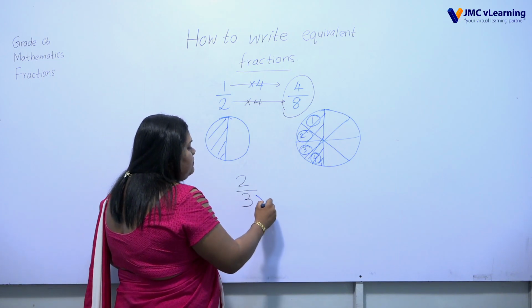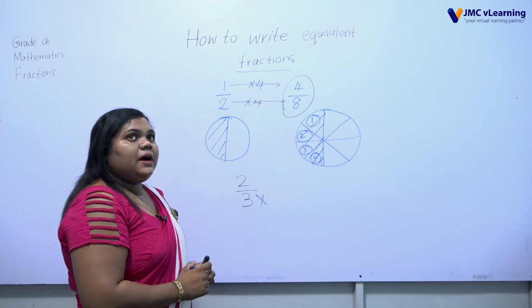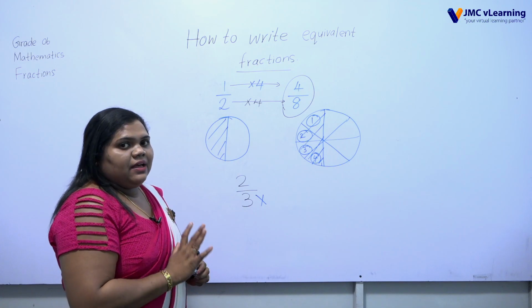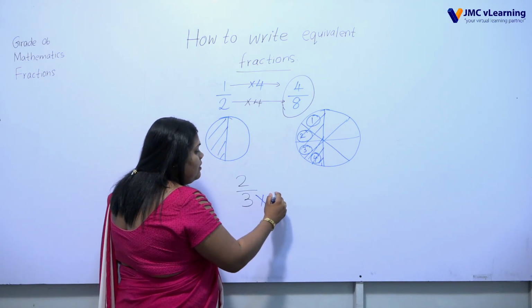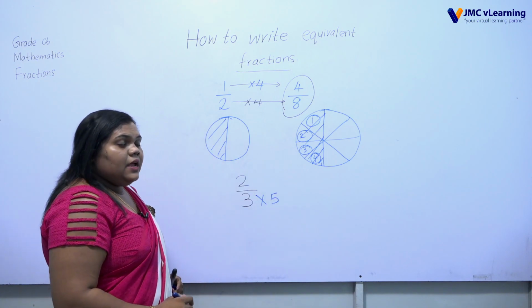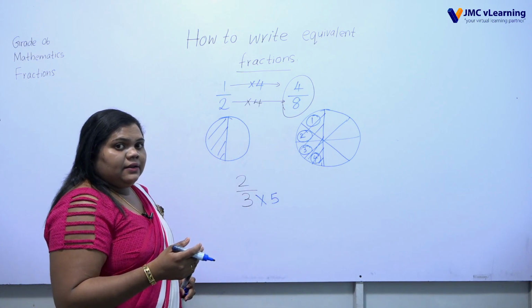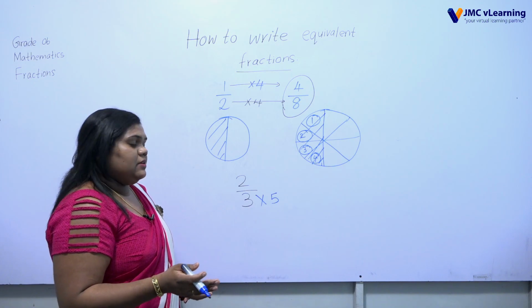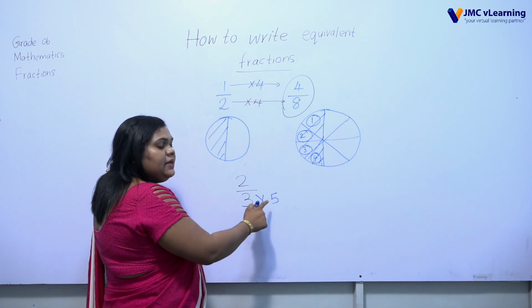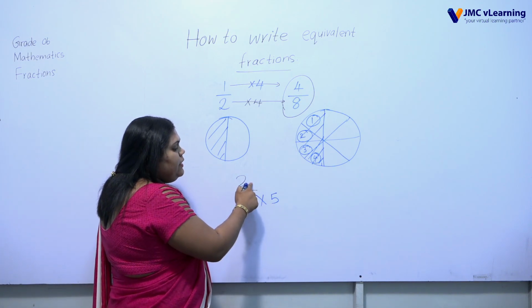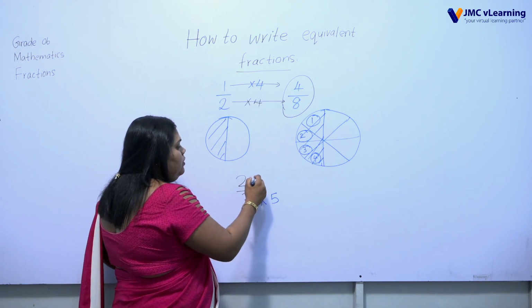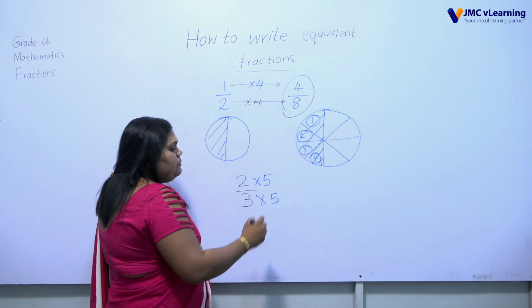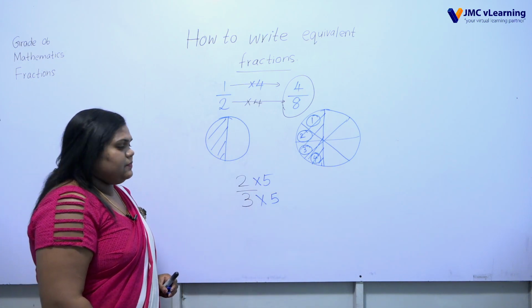So I can multiply 3 by 5. I will take number 5. Now what am I going to find? An equivalent fraction. If I multiply this denominator by 5, the numerator also I want to multiply by the same number, 5.